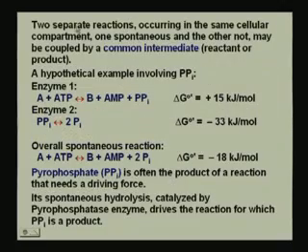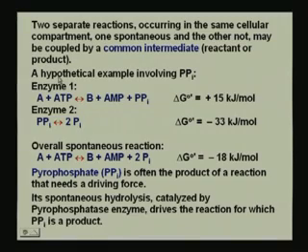Now, we can have this also. This is another case where we have two separate reactions that occur in the same cellular compartment. One is spontaneous and the other is not. That would be typical of a coupled reaction, and it is coupled by a common intermediate. Okay.